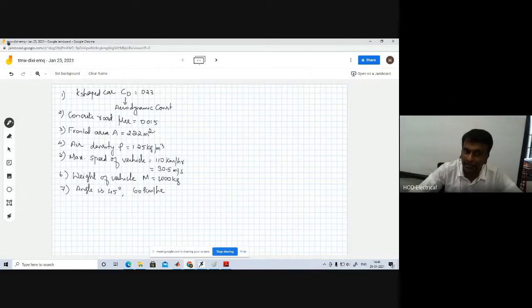That means the slope is like this, so this angle is 45 degree, and it will travel at 60 kilometer per hour, which is 16.6 meter per second.